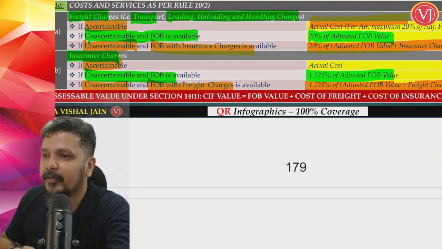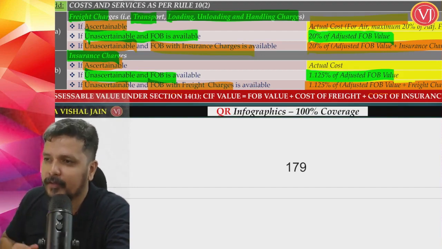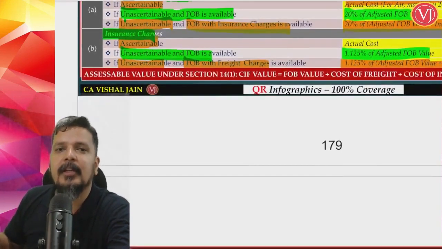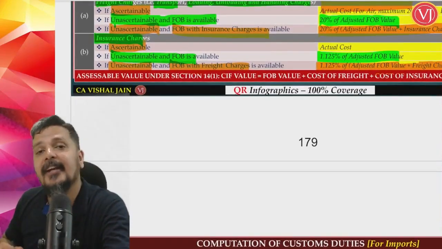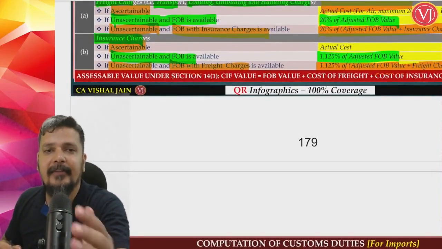Now, when you talk about insurance, if you know the insurance, add actual. If not, if you know the FOB value, go with 1.125% of adjusted FOB, FOB plus 10(1).